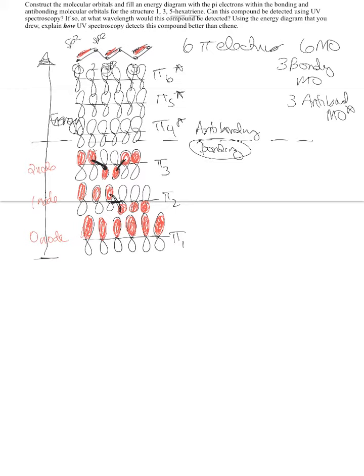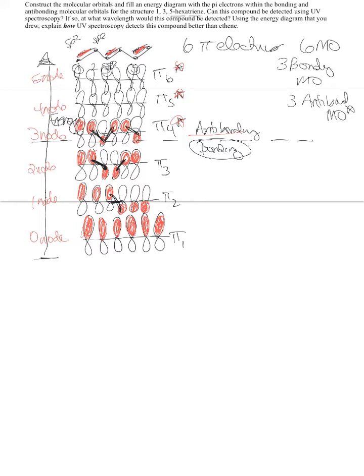Okay, the next one, now we're into the anti-bonding. See the little star? These are going to have 3 nodes, 4 nodes, and then 5 nodes, so we're going to have that many crossovers. If you draw these, this is the proper way. We're going to have 1 node there, then we cross over, there's 2 nodes, and then there's 3. So that's 1 node, that's 2, that's 3.